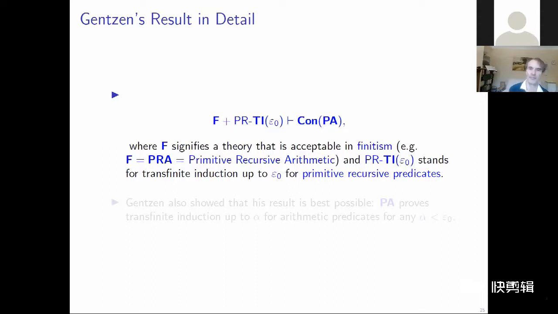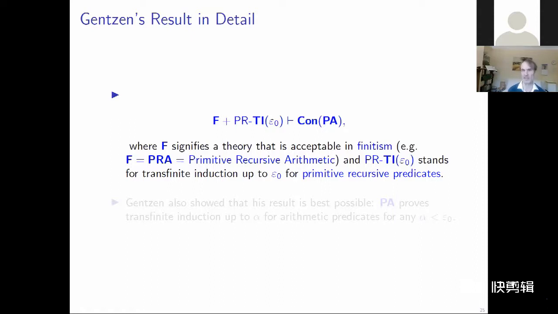Summarizing what Gentzen did again, it can be split in two parts, namely F here, standing for some theory that formalizes finitism, whatever that may be. For our purposes, this can just be primitive recursive arithmetic.